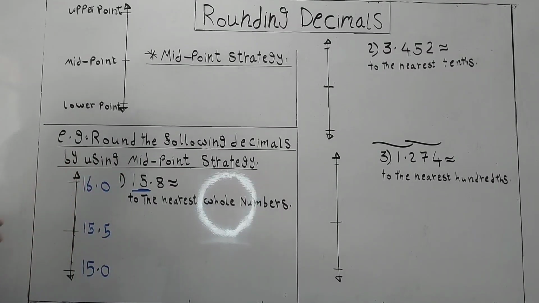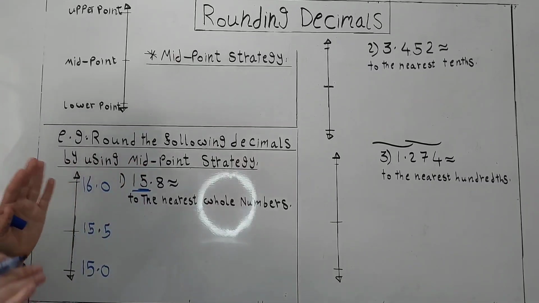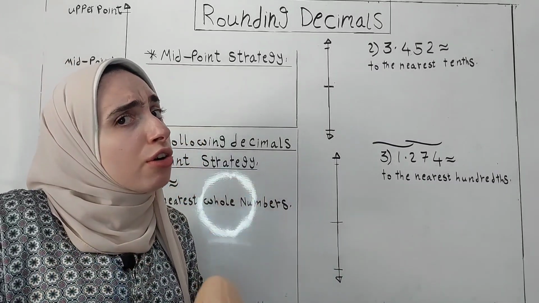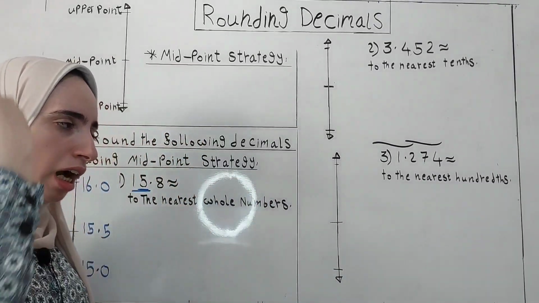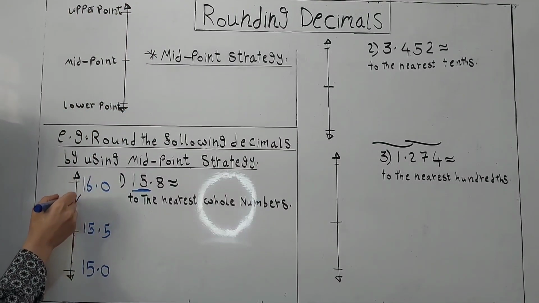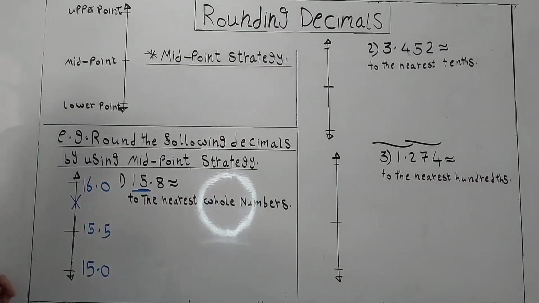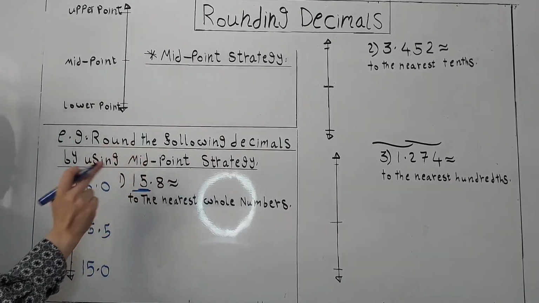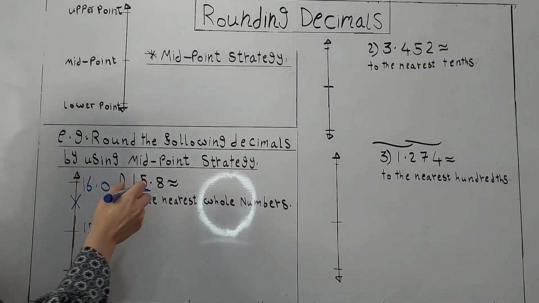Now, would this number 15.8 be above the midpoint or below the midpoint? Above. So we put an x above the midpoint. Now, this x is closer to the upper point, so this number approximately equals 16.